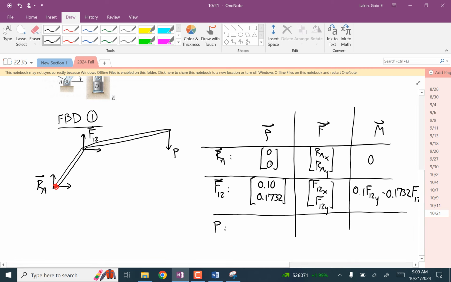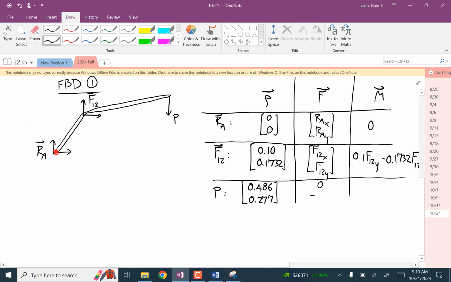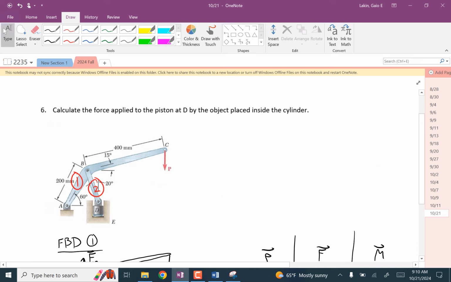And so the row vector for where this force P is 0.486, 0.277. And the force is 0, negative P. So the moment is negative 0.486 P. And that is everything there.